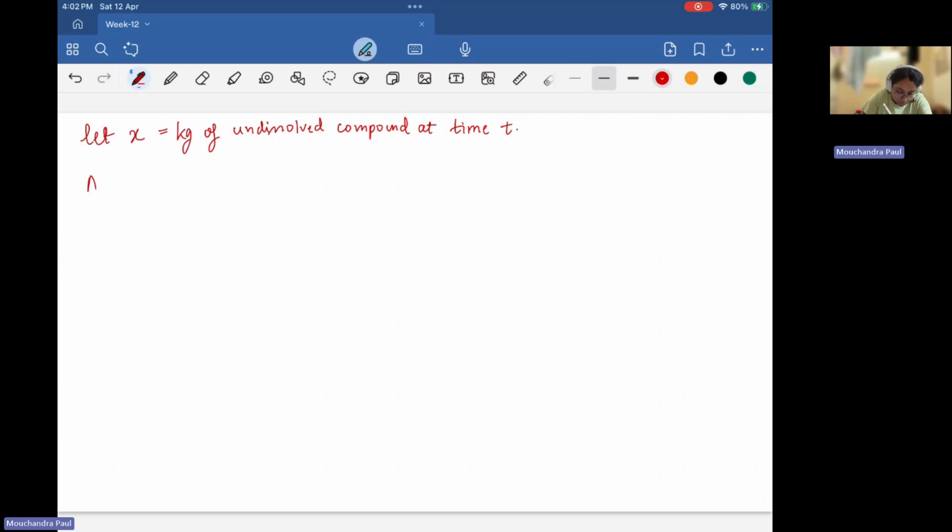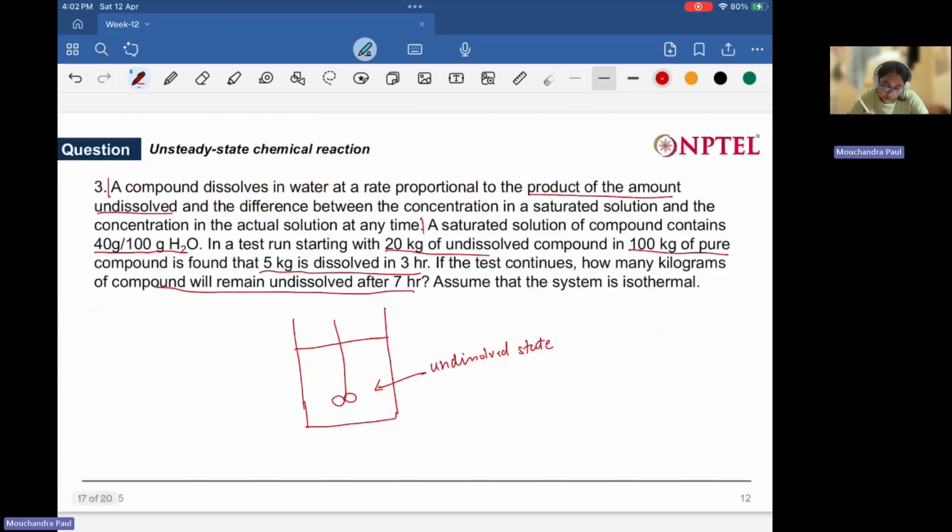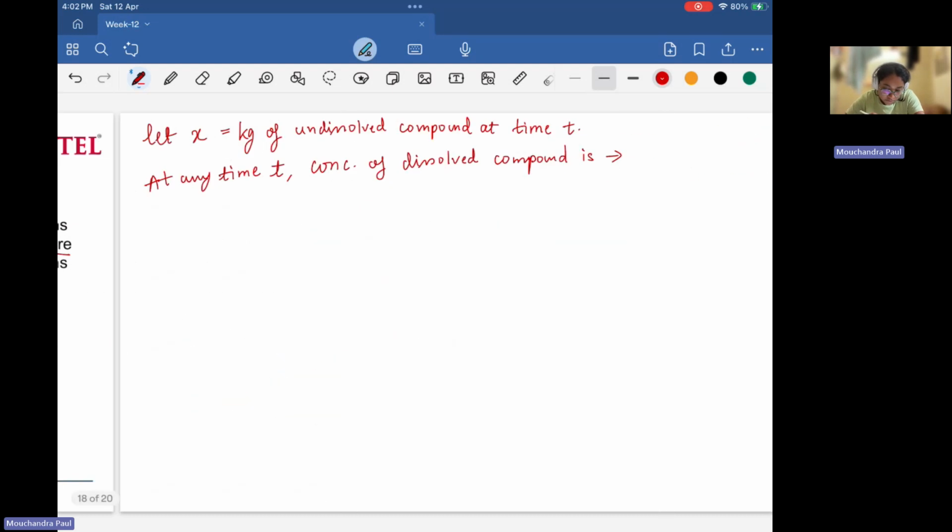At any time t, what we know, the concentration of dissolved compound is, if X is the amount undissolved and you started with 20 kg, total is 20 kg in 100 kg of pure water.